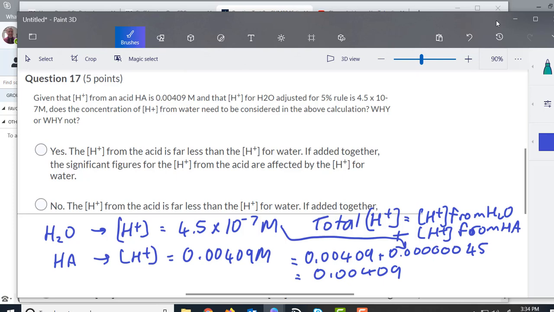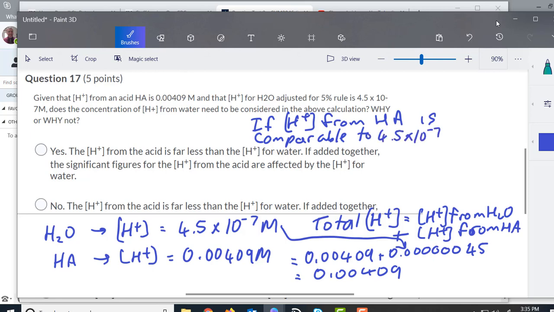But your question might be, well, when would it matter? Well, let's say the concentration of H+ from HA is comparable to 4.5 times 10 to the negative 7, then it would actually make a difference to this significant figure calculation.